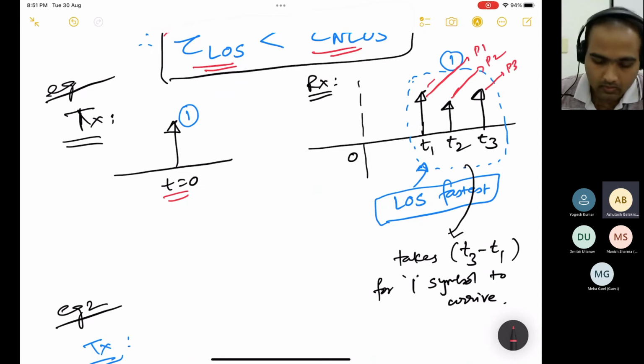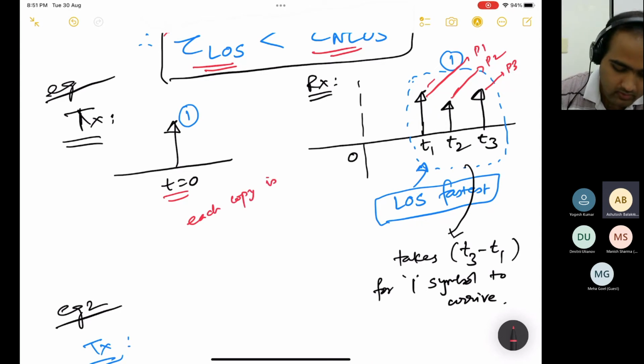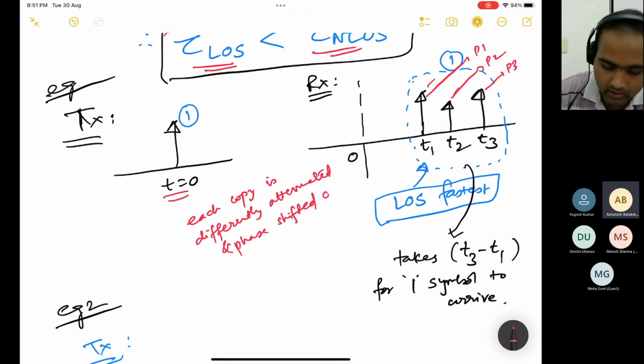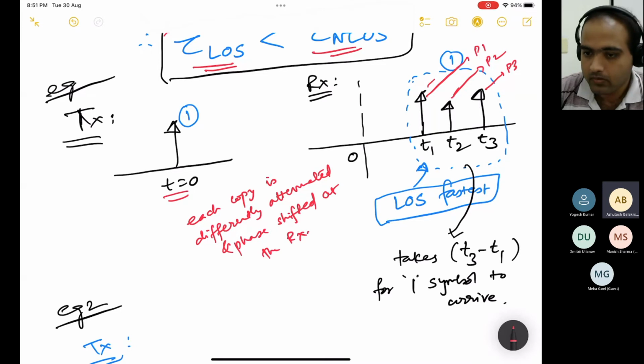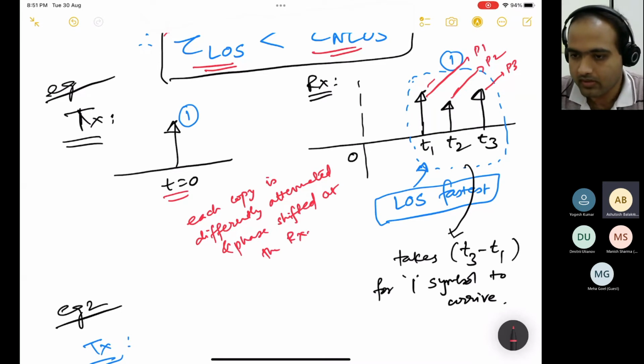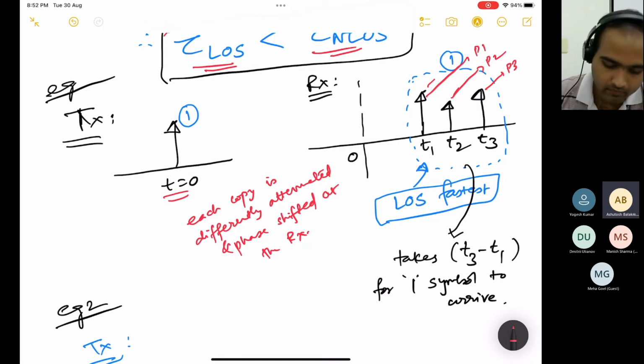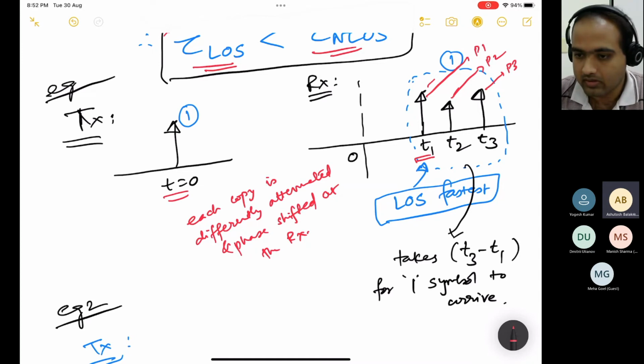So we are getting 3 different copies, and each copy is differently attenuated and phase shifted at the receiver. Okay, so each copy which you receive due to multipath is differently phase shifted, and it is differently attenuated when it comes at the receiver. And always note that the first impulse which you will always receive will be from the line of sight.